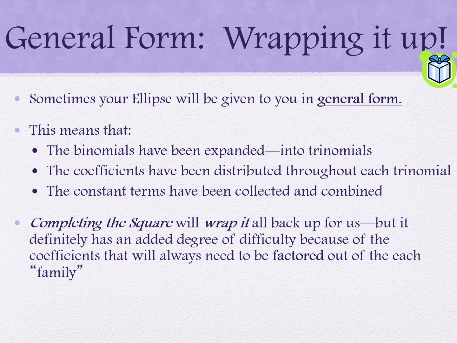So if I see something like 4x squared, I'm going to have to factor the 4 from just the x family. 9y squared, I'm going to have to take the 9 out of just the y family. So there's some partial factoring to be done, and then of course redistributing to kind of balance the scale. So be careful with this. Watch our way through it and make sure you take some notes here as to the process.